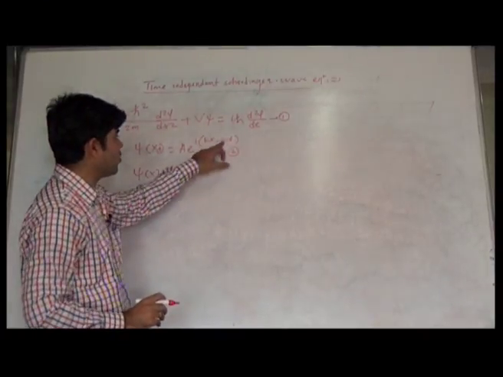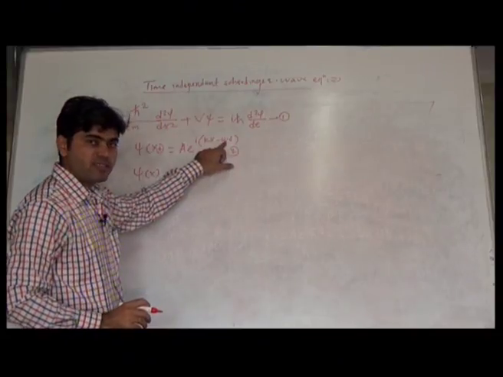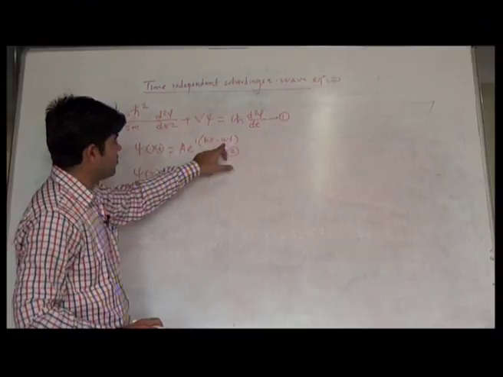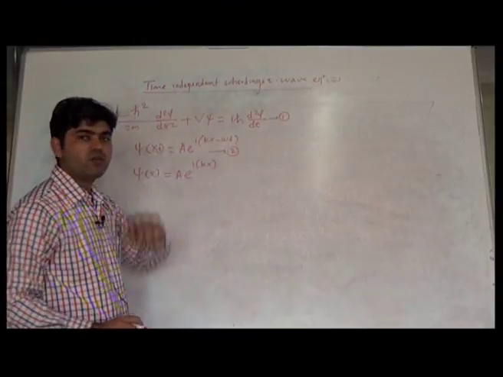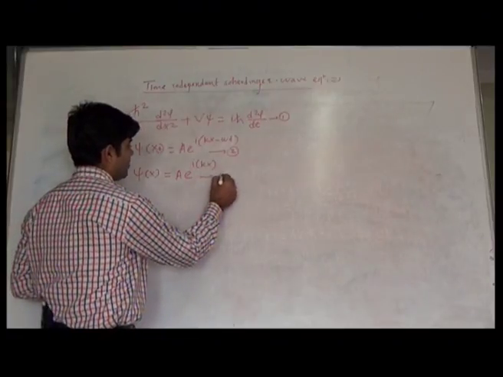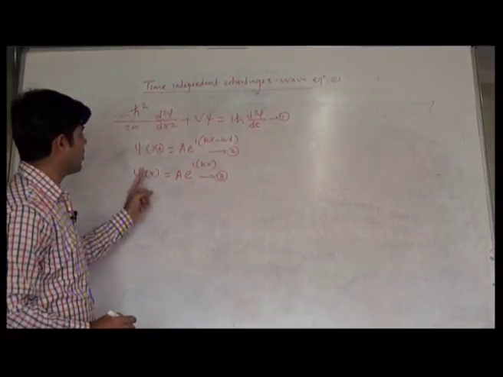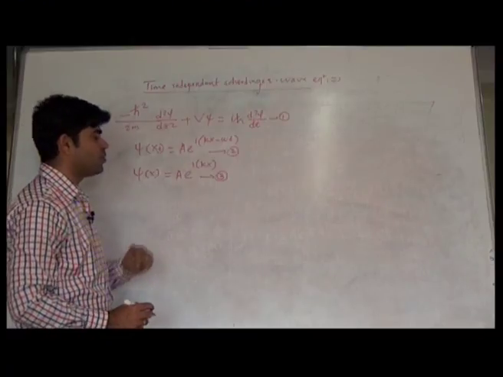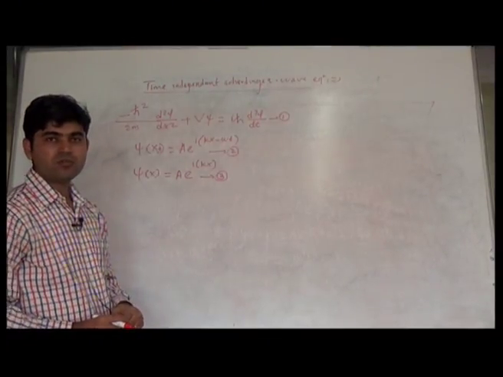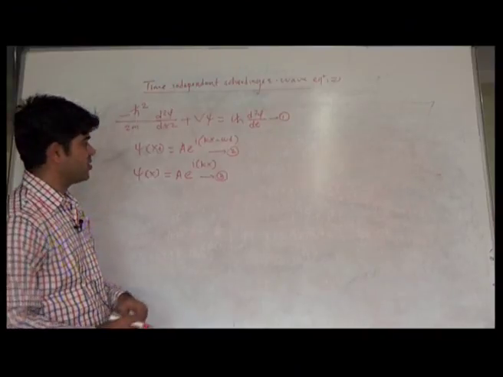We can't consider omega t because the wave phase depends on t. So the t parameter is 0, so omega into 0 is equal to 0. Finally equation 3 becomes psi as a function of x is equal to A e raised to i kx. But we know that k is equal to p upon h cross.